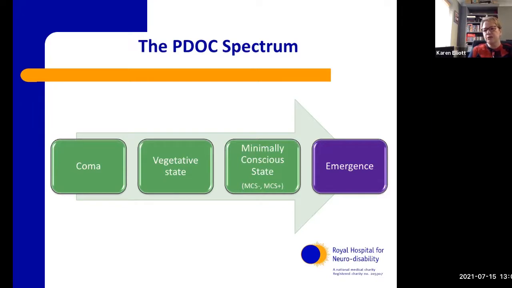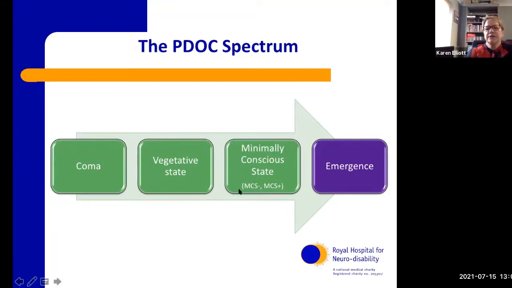So we have minimally conscious minus, which is at the lower end of the condition, and that's people looking towards or moving towards a stimulus, and minimally conscious plus, which is the higher end, where you may get much more interactive responses. So somebody might be able to press a switch, they may be able to follow commands, they may have a thumbs up for a yes, but it's not reliable at this stage.